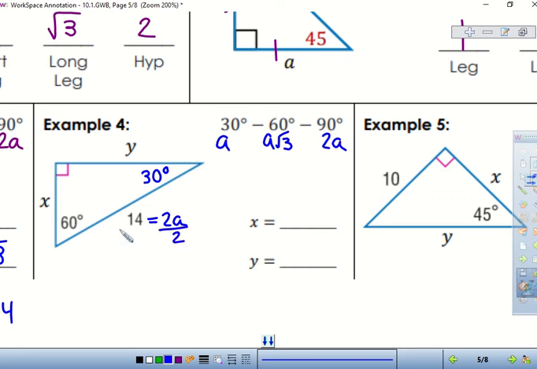So we would divide both sides by 2 to get the fact that a is equal to 7, right? Is everybody good with how we got that? Now, which of these sides represents a equals 7? X, because it's opposite the 30 degrees. Which means y is the one opposite 60, and it would be what? 7 radical 3. Is everybody good with how we got those side ratios? So side values.